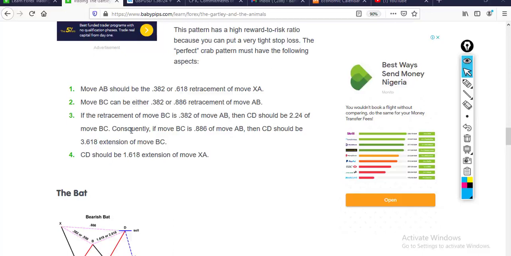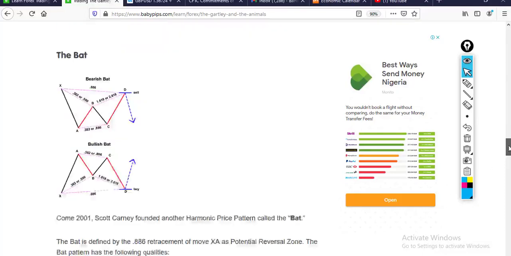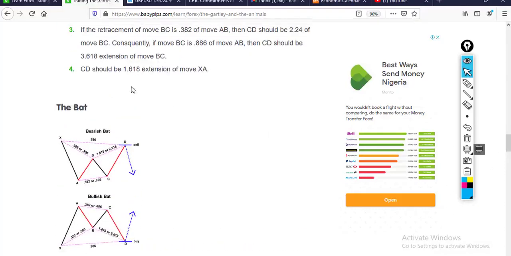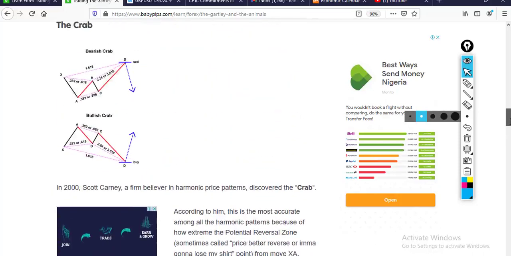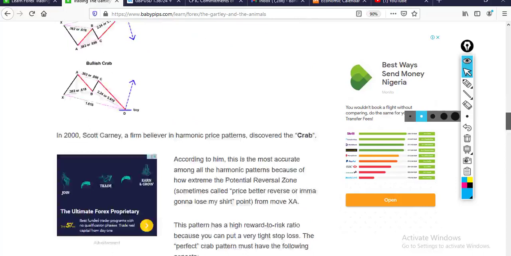Consequently, if move BC is 0.886 of move AB, then CD should be 3.618 extension of move BC. CD should be 1.618 extension of move XA. So those are the characteristics, the guidelines you must look for whenever you want to trade the crab pattern.